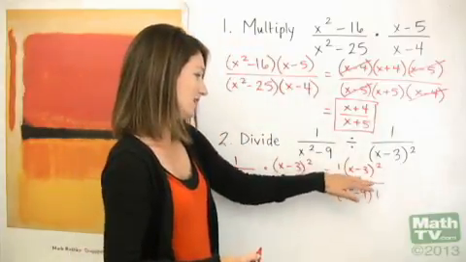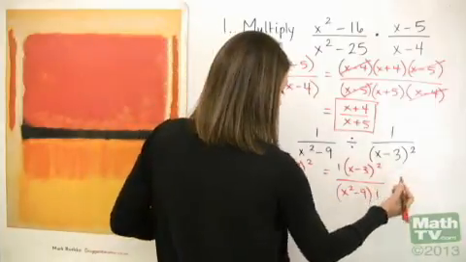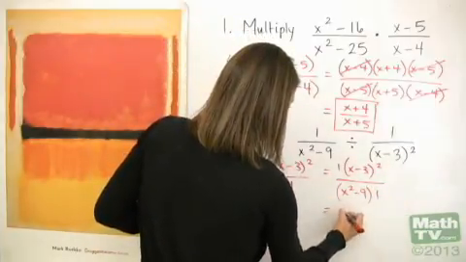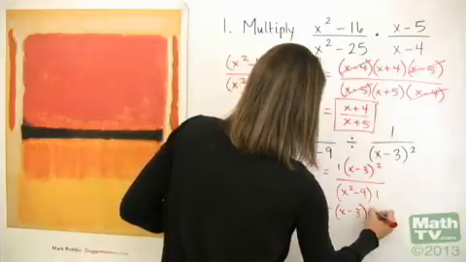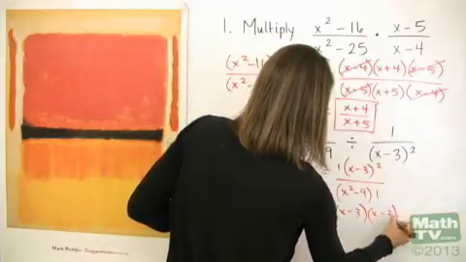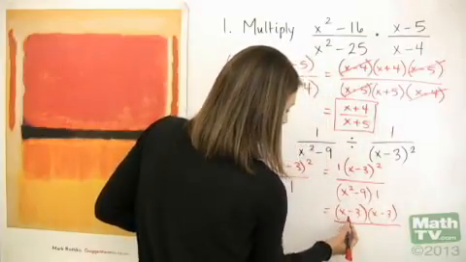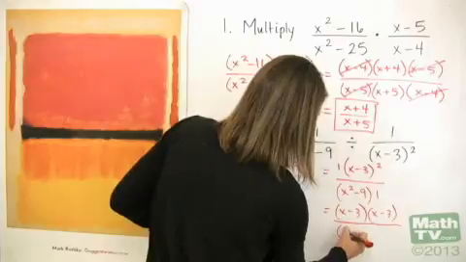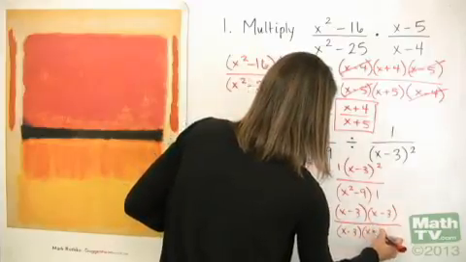To reduce this, we need to factor what's inside our parentheses here. So we'll have x minus 3 times x minus 3, and that is over x squared minus 9, which factors to x minus 3 times x plus 3.